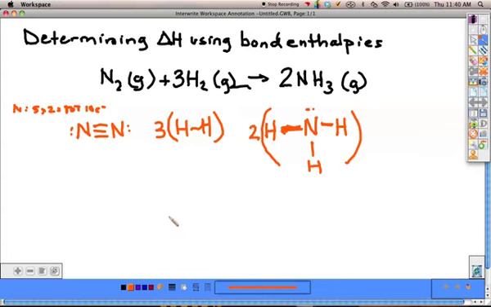Now I need to look at my data packet. My data packet has all of the different bond enthalpy values. When I look at the bond enthalpy values, I see the following information. An N triple bond N is 945 kilojoules per mole.